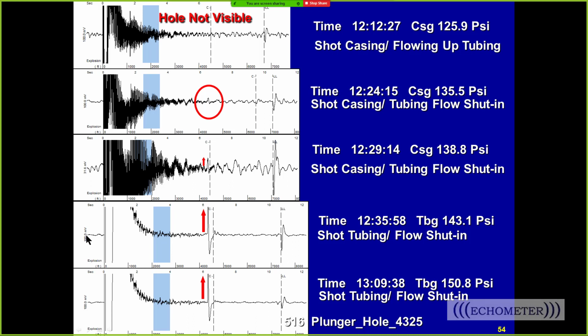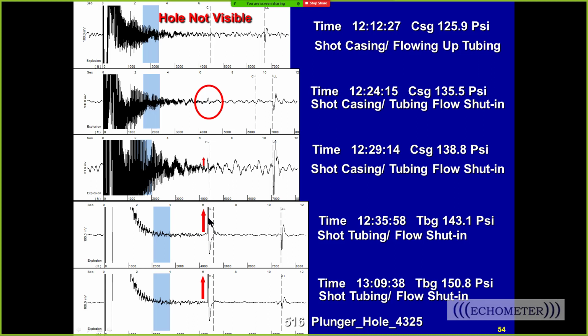Well, if you look here, this scale is 100 millivolts, and this is 31.6 millivolts, so if I made this 100, it'd make it look smaller. The collars make a lot of noise and take up a lot of the energy from the shot, and the recesses don't seem to absorb as much of the trailing valve energy, so the hole is the first big change that the shot saw.